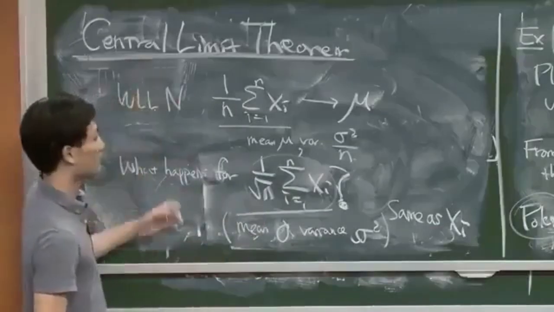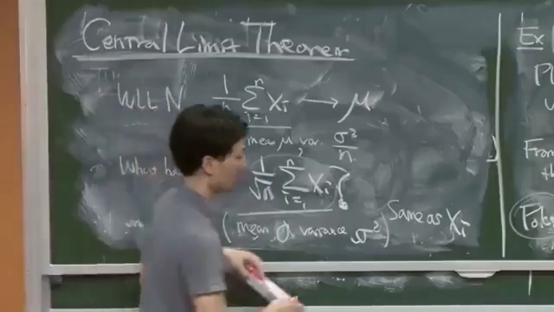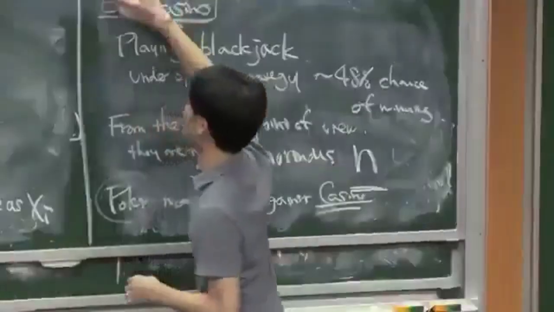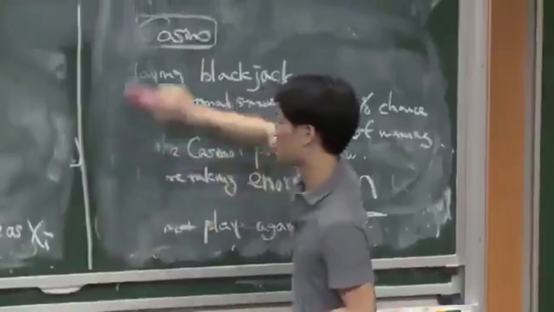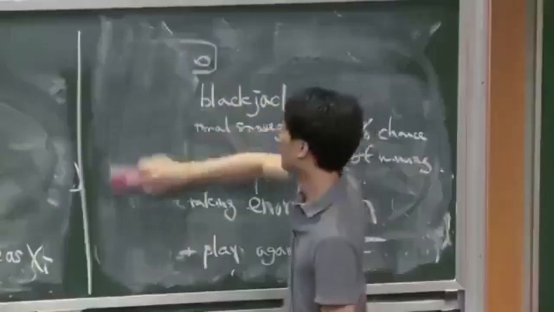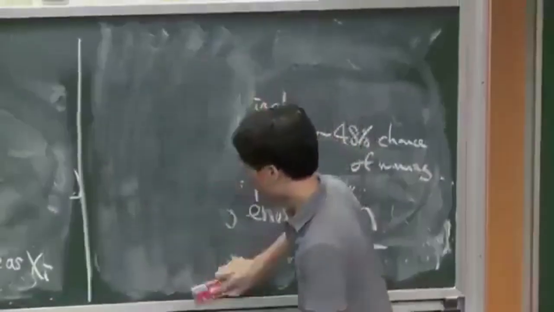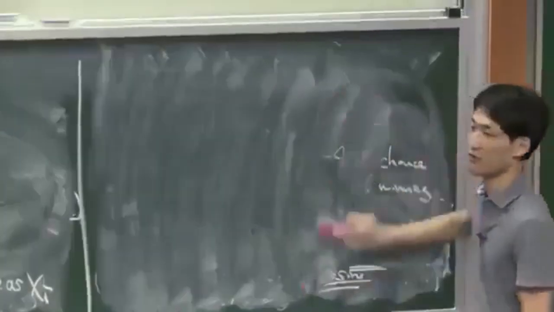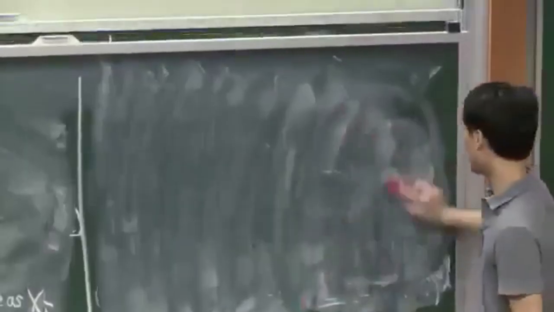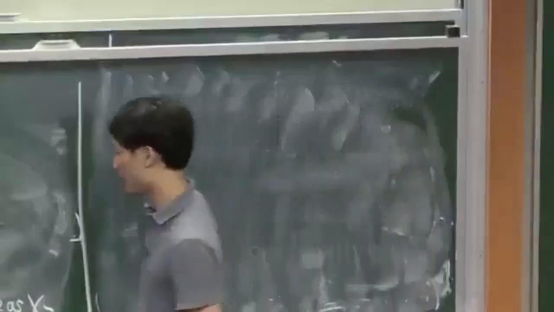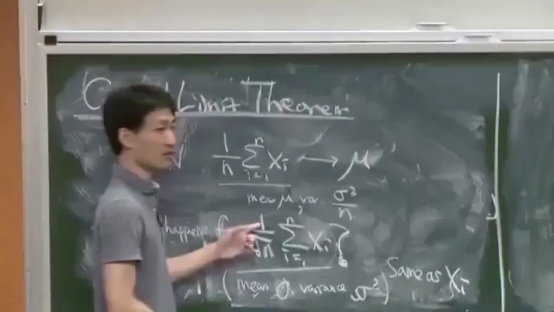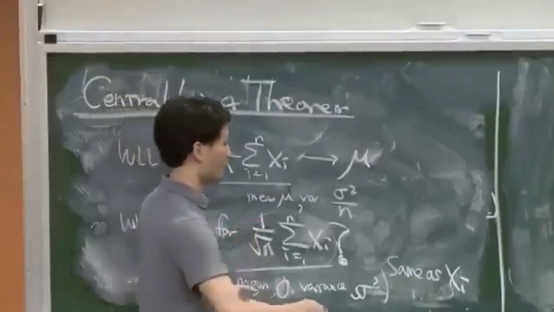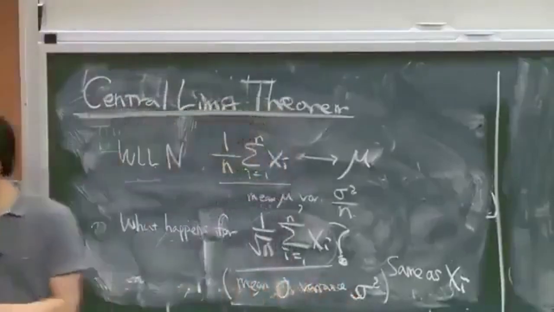And central limit theorem answers this question. And when I first saw it, I thought it was really interesting because normal distribution comes up here. And that's probably one of the reasons that normal distribution is so universal, because when you take many independent events and take the average in this sense, their distribution converges to a normal distribution.